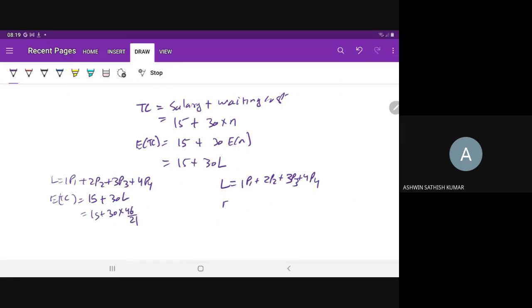Here the expected total cost will come as 15 into 2; 15 into 2 you can write as salary into S. Better you write it as S. So 15 into 2 plus 30 into L.